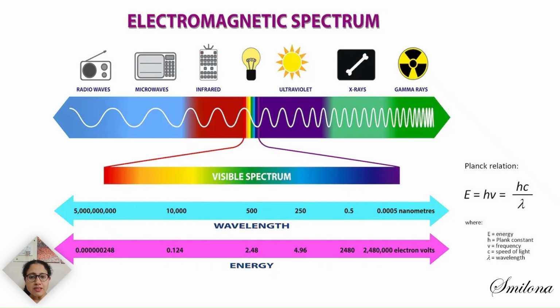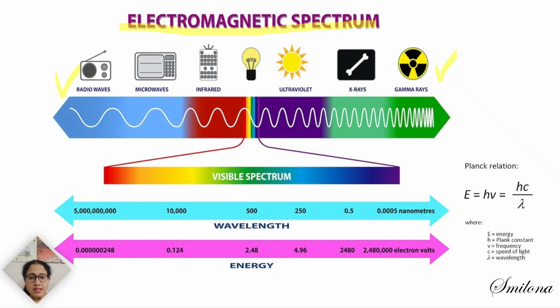The electromagnetic spectrum is a huge range of electromagnetic waves that can be as long as a meter in the case of certain radio waves and as small as a few nanometers in the case of gamma rays.